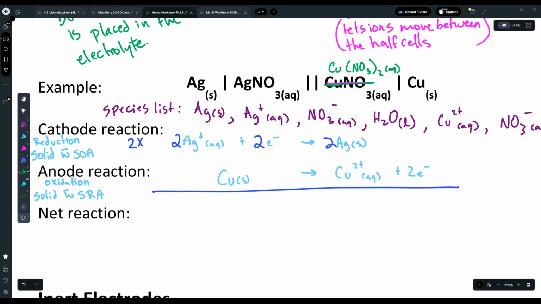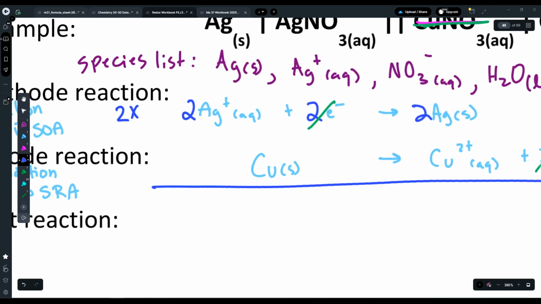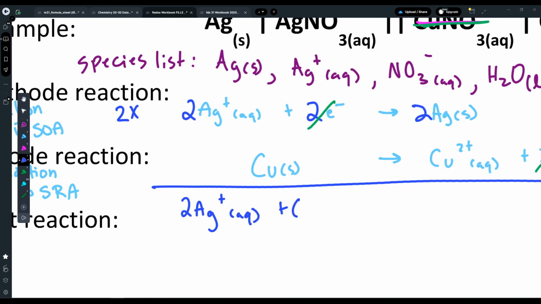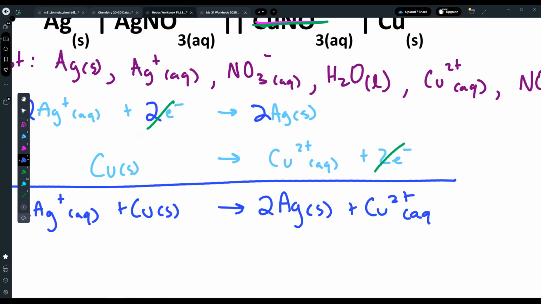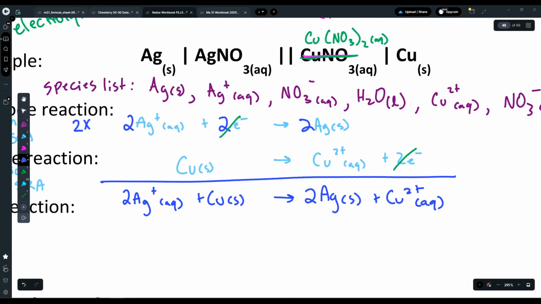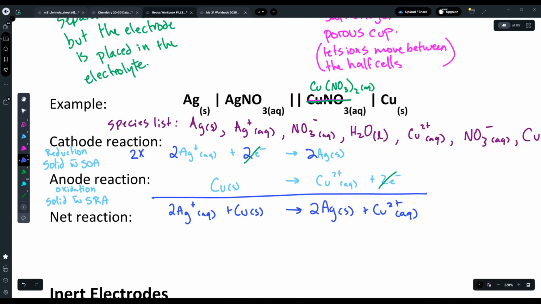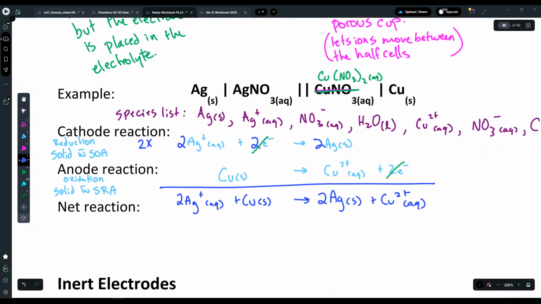Okay, but now my electrons, they cancel out. Nothing else does, so I can move on to the net reaction here. So that's 2 silver ions plus copper solid goes to 2 silver solid plus copper 2 plus ions aqueous. So remember to include charges where necessary and states for everything.